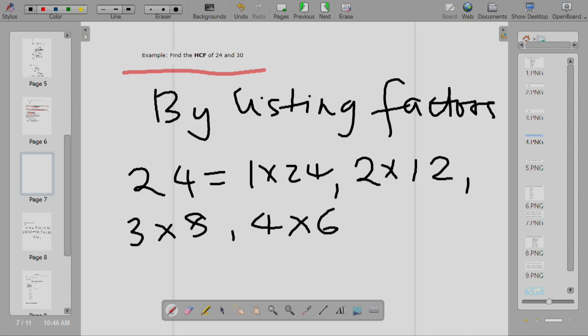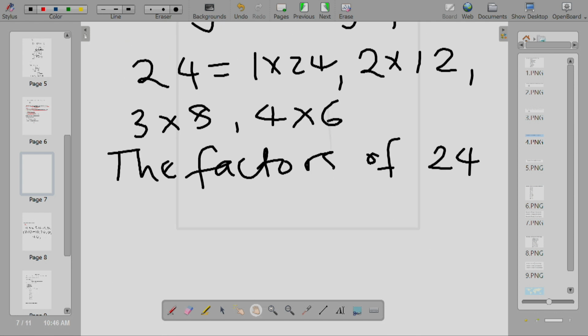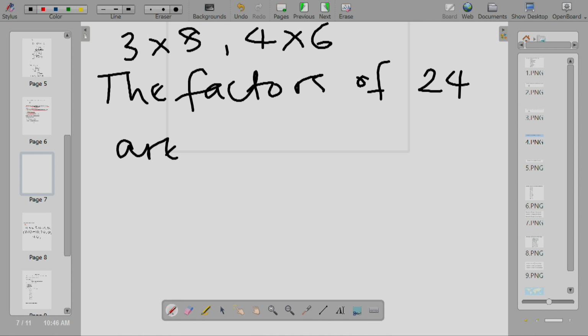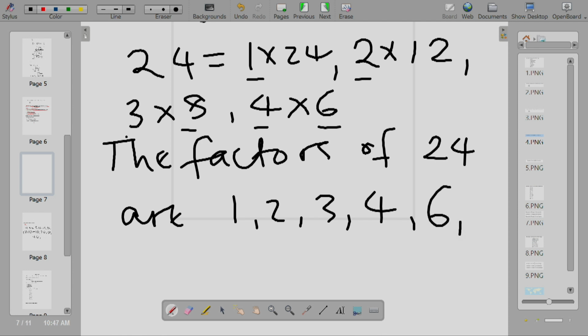So the factors of 24 are 1, 2, 3, 4, then 6, 8, 12, and 24.